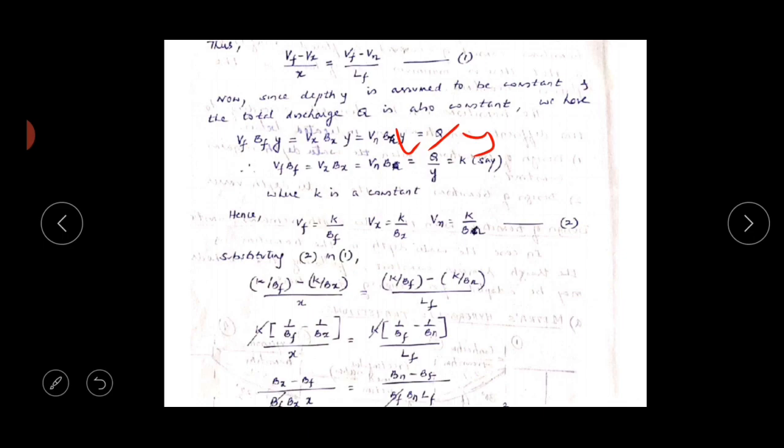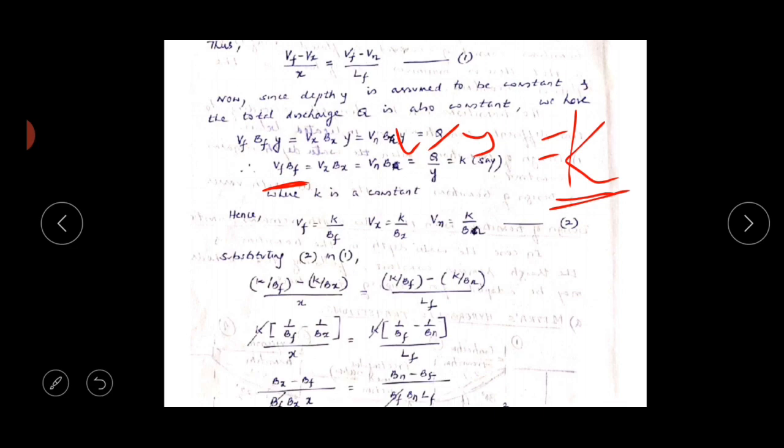I'll consider this one as K, some constant K value, okay. Now if I want the velocities for each section, I need to equate that to the K value. Okay, then you'll be getting what is the velocities at each section.